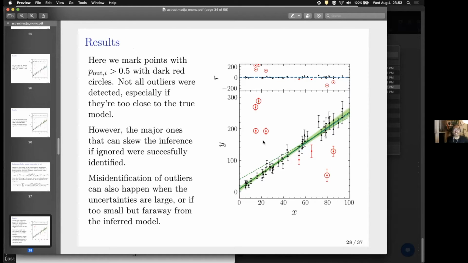Once we have the outlier probability for all of the data points, anything with outlier probability of more than 50% can be seen as an outlier. So I've marked the points that have outlier probability of more than 50%. Of course, the method is not perfect. There are several points here that are missed by the outlier identification. It's okay. This point is already quite far, already down-weighted, and this point is heavily down-weighted, so it doesn't participate in the inference much.